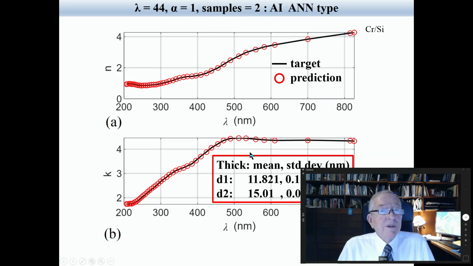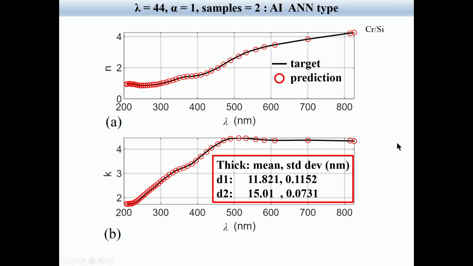And whoops, I went the wrong direction. And by going the right direction, we can say, well, here's our target. This is the value of n that I got from the literature, and said, okay, we're going to assume that our film is that. Of course, it won't be, but it's in that range.